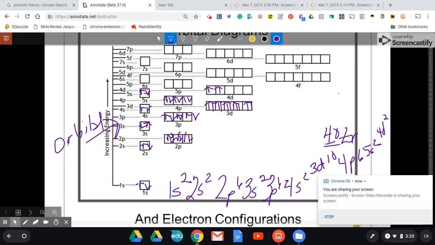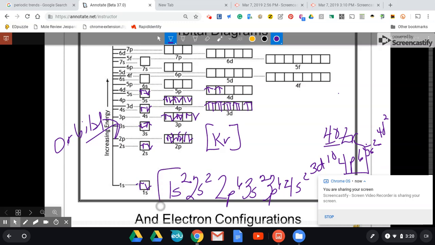All right, so that's my full configuration, which notice that that's pretty long. So let's do this in abbreviated. So abbreviated configuration, the noble gas that's in front of zirconium is krypton. So I would put krypton, and krypton's going to end in 4p6.